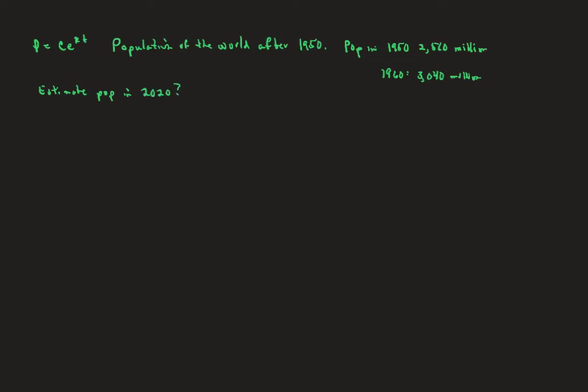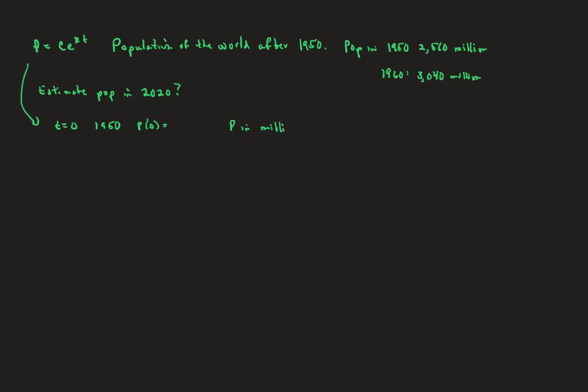Using our population model, time 0 will be 1950 to make our life easier. We'll measure P in millions.